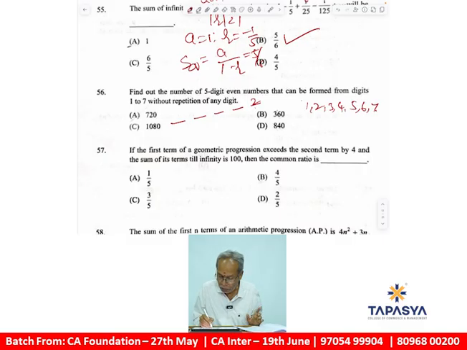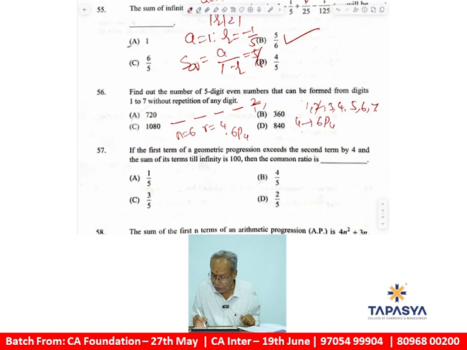So the last place is occupied in one way. The remaining places are 4. How many remaining digits are there? If 2 is occupied here, the remaining digits are 1, 3, 4, 5, 6, 7, so n is equal to 6. So how many numbers will you get? 6P4. Ending with 2, you will get 6P4, ending with 4 also you will get 6P4, and ending with 6 also you will get 6P4.